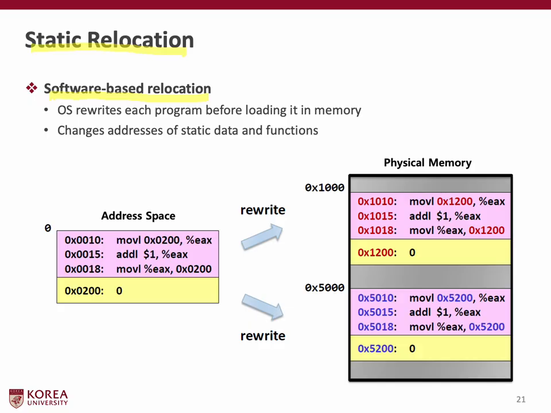That means the OS updates every memory address in the program to reflect where it will be placed physically. For example, if the OS decides to load this process at physical address 1000, then every address in this code will be increased by that offset 1000.